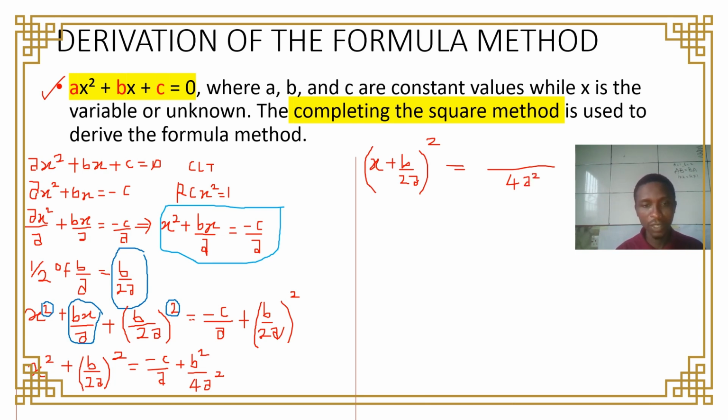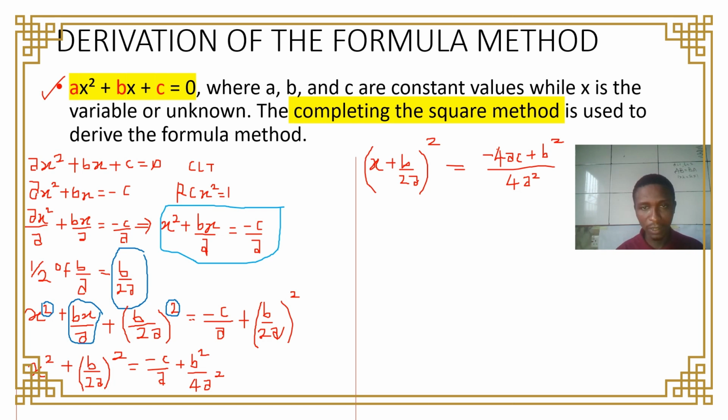Then a in 4a squared, that will give us 4a. 4a multiplied by minus c, that will give us minus 4ac. We have used the outcome of a in 4a squared, which is 4a, to multiply the numerator, which is minus c, plus then 4a squared in 4a squared, that's 1 multiplied by b squared, that still gives us b squared.